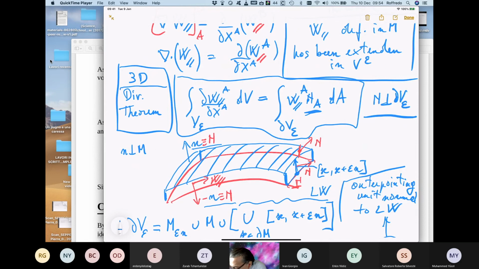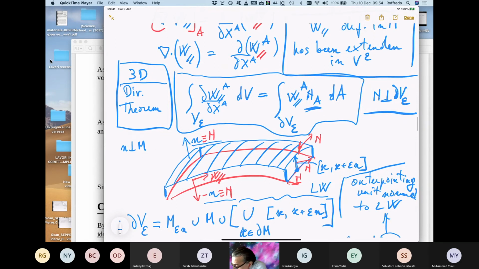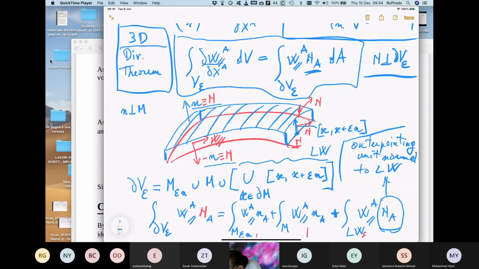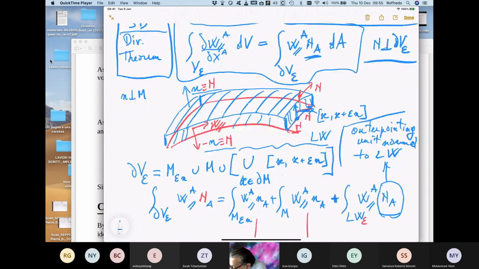Okay? And we have that the outer pointing normal N on this lateral wall is easily recognized to be nu, which we have defined before.